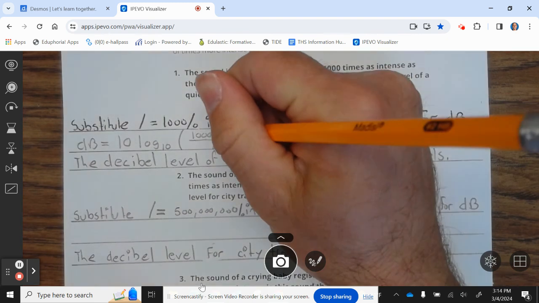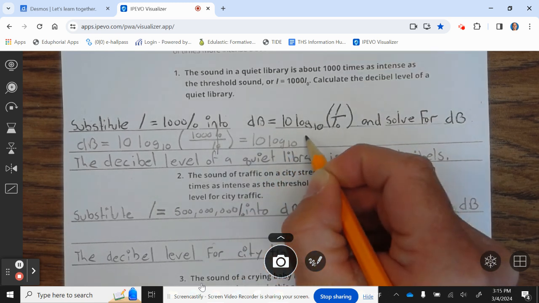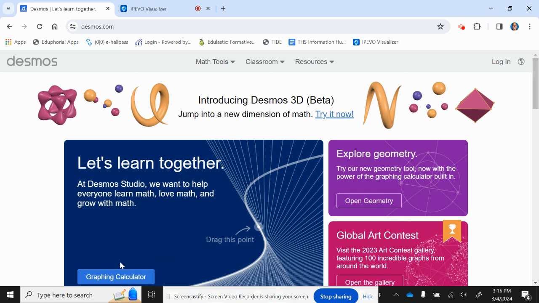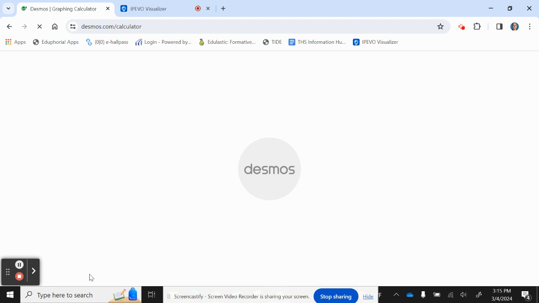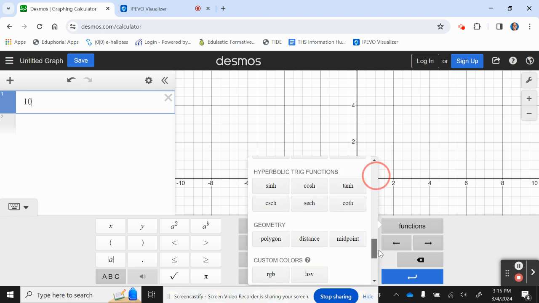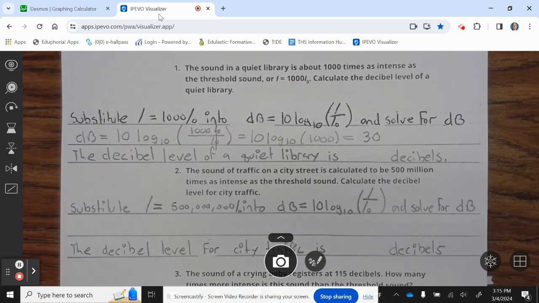Now, L0 divided by L0 is 1, so that's equal to 10 log base 10 of 1,000, which let's go ahead and put in Desmos. The decibel level of a quiet library is 30 decibels.